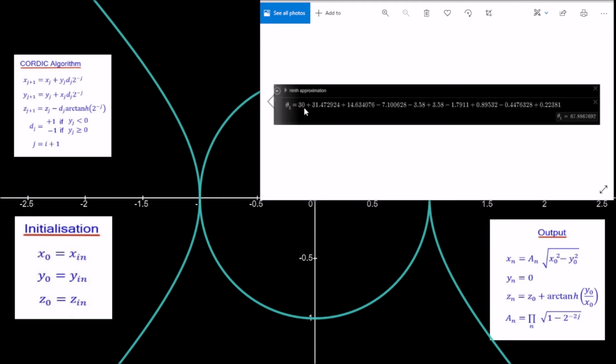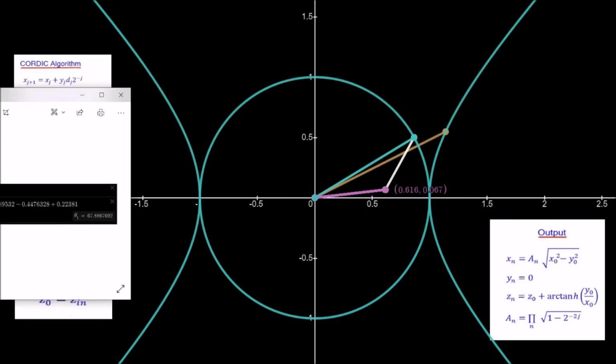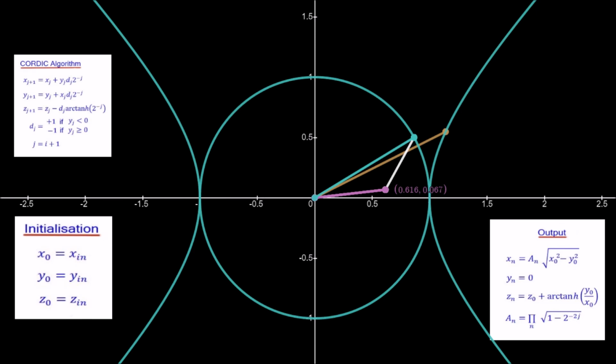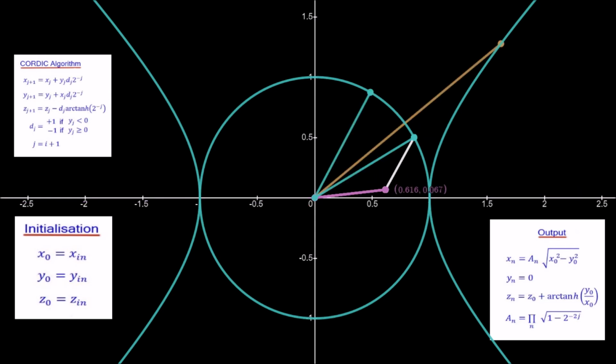So we're going to be taking our original angle of 30 degrees and we'll add on 31.472924. So I'll add that on just now.